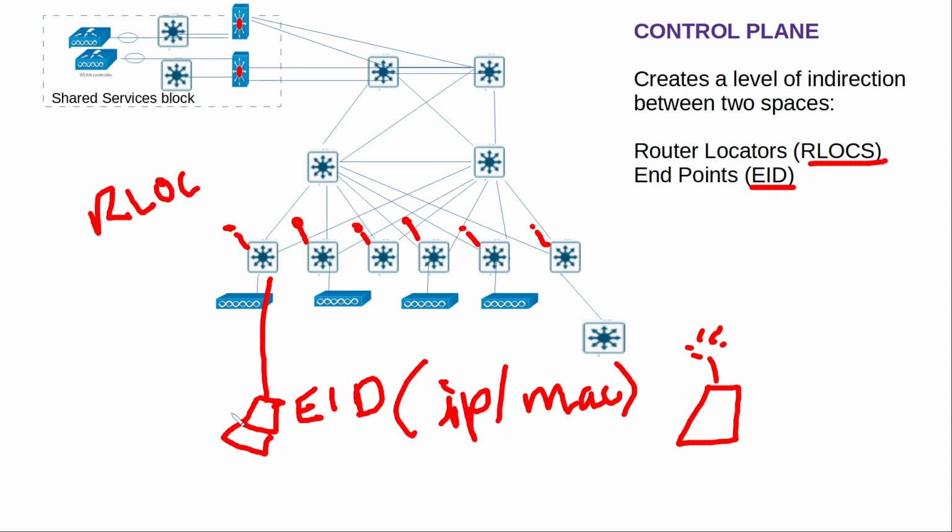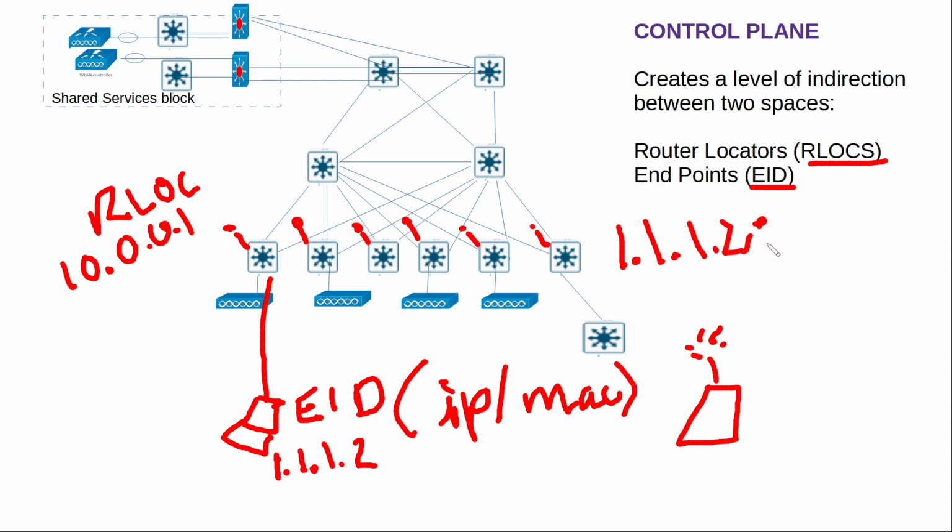So for instance, if this device that I'm connecting here had the IP address 1.1.1.2 and this loopback IP address was 10.0.0.1, then I will create a mapping between the IP address 1.1.1.2 to the RLOC 10.0.0.1.